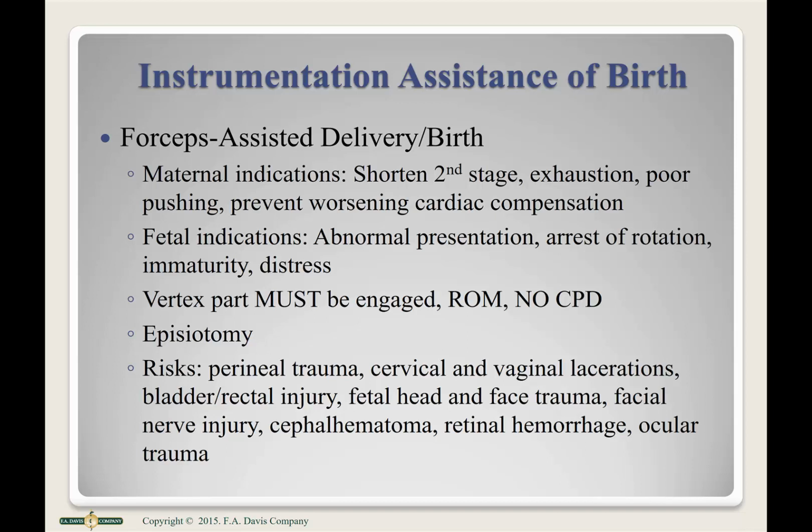If the mom's totally exhausted and says, I just can't push anymore, I just can't do it, we can help her out with the forceps, okay? Same thing with poor pushing. And then if your patient has cardiac history, we might use forceps or a vacuum to help with her pushing because of cardiac decompensation that we sometimes see with a woman who does have a heart history, okay?